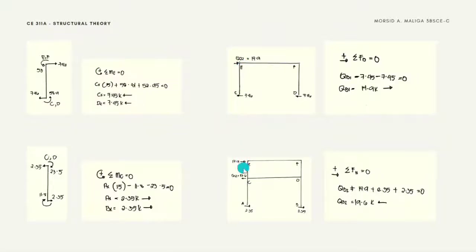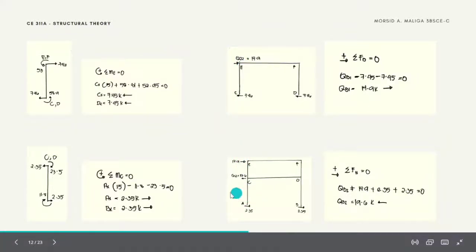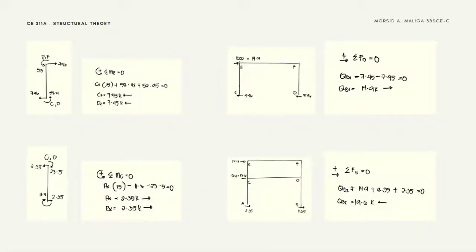Also, here, next figure, QB2 is what we will look for, in which we will use summation of horizontal forces. So, summation of horizontal forces is equal to 0. If you are going to use that equation, what we get, Q sub B2, is equal to 19.6 kips to the left.